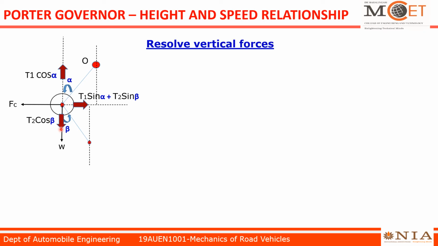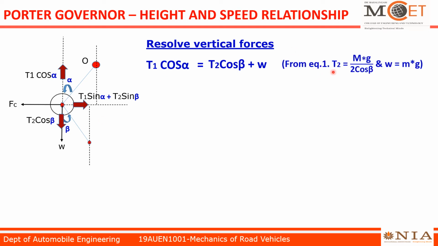If you resolve the vertical forces first, there are three vertical forces acting on the fly ball, that is T1 cos alpha in upward direction, ball weight, and T2 cos beta in downward direction. I take upward direction force as positive, downward direction force as negative, so that T1 cos alpha is equal to T2 cos beta plus w. From equation 1, we got T2 equal to Mg divided by 2 cos beta, and we know the ball weight is ball mass into gravitational force.